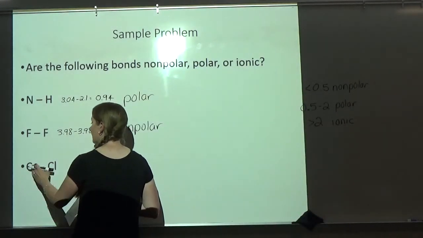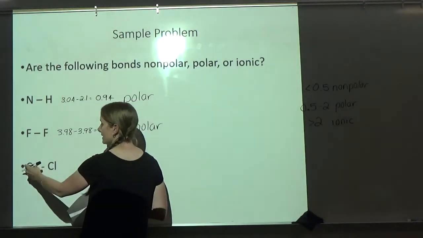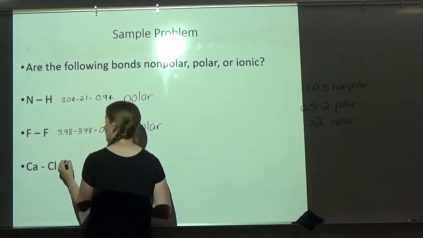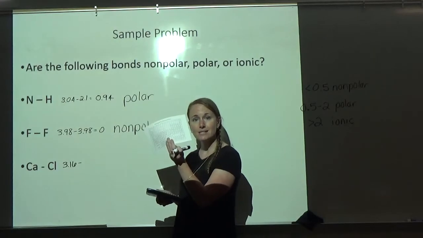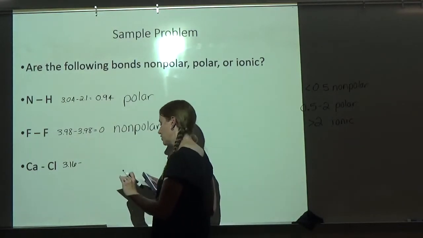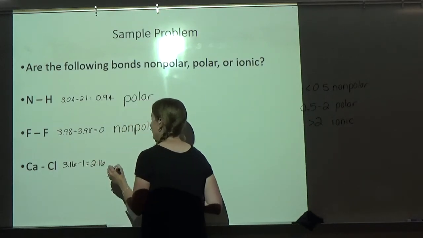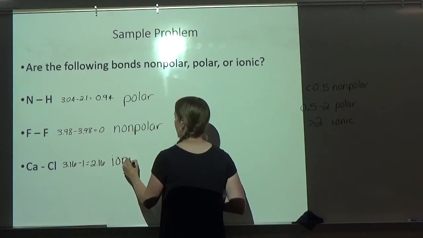You may have to subtract out of order. It's always going to be largest minus smallest, and Ca has a lower electronegativity than Cl, so I'm going to start with Cl. Cl is 3.16, and I'm just pulling these numbers from our electronegativity chart. Calcium is 1. So I get 2.16. Since my difference is greater than 2, it is ionic.